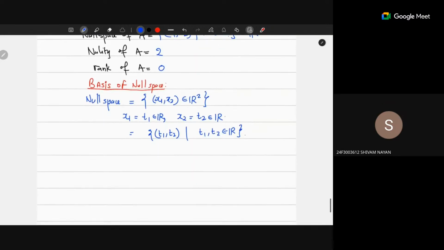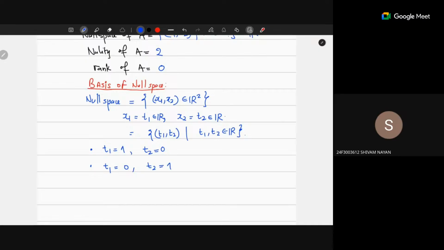So there is a method to find out the basis. If there are two variables, two Ts, then you first take T1 equal to 1 and T2 equal to 0. In the second case, you take T1 equal to 0 and T2 equal to 1.